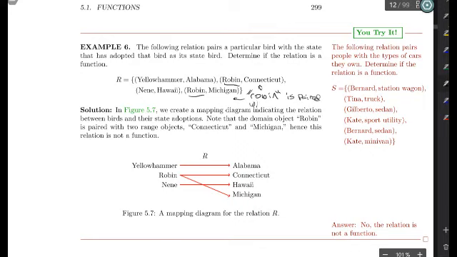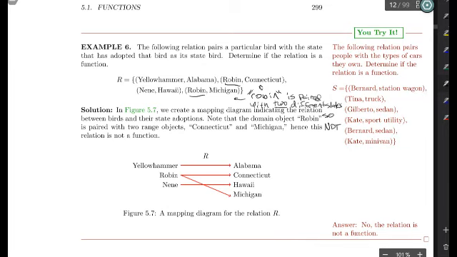Robin is paired with 2 different states. So, this relation is not a function.